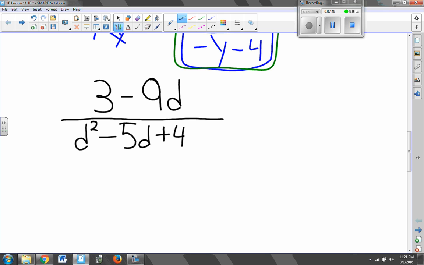I would like you to solve this or simplify this by factoring, finding a negative sign, and then canceling out, simplifying. Please also make sure to list any excluded values that you might find. So pause the video, take a look at that problem there, simplify this and list any excluded values, then come on back and I'll show you what we should get.